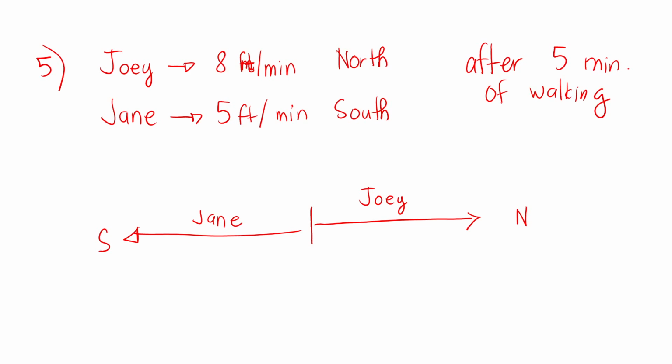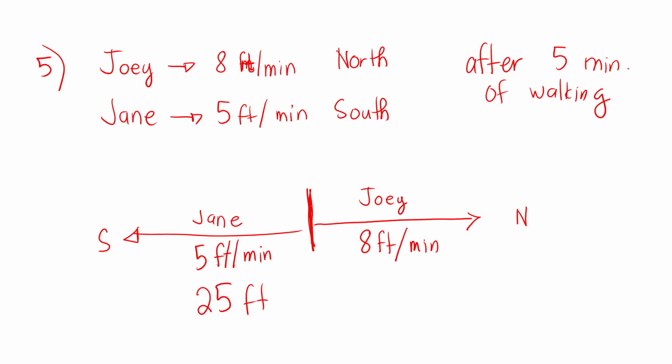So take note of this. Jane, what is Jane's speed? 5 feet per minute. Joey, 8 feet per minute. So take note, this is where they started, they separated, one heading north, one heading south. Let us compute what Jane traveled. After 5 minutes, how much did Jane travel? 25 feet. This is after 5 minutes, right?